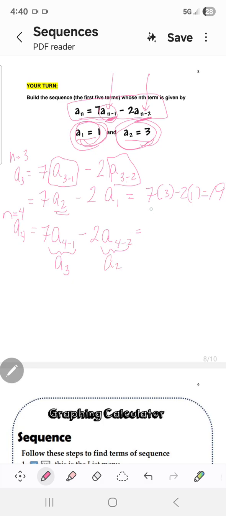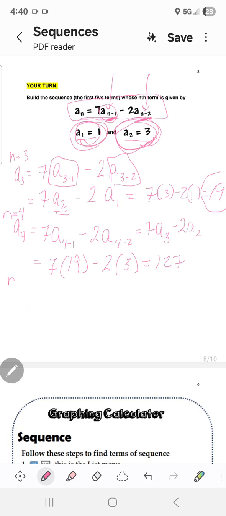That means I need 7 a3 minus 2 times a2. So that's 7 times, what did I get a3 to be again? Oh, yeah, 19. Minus 2 times a2, they told me. All right. What is that, 127?